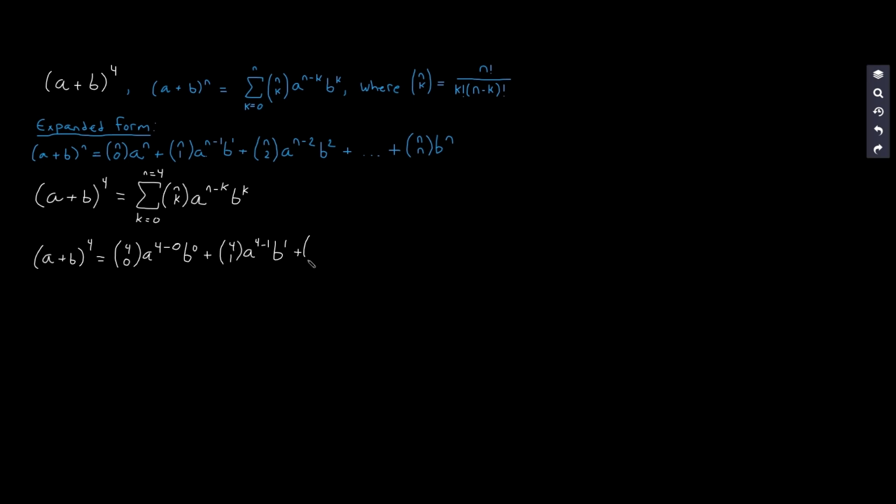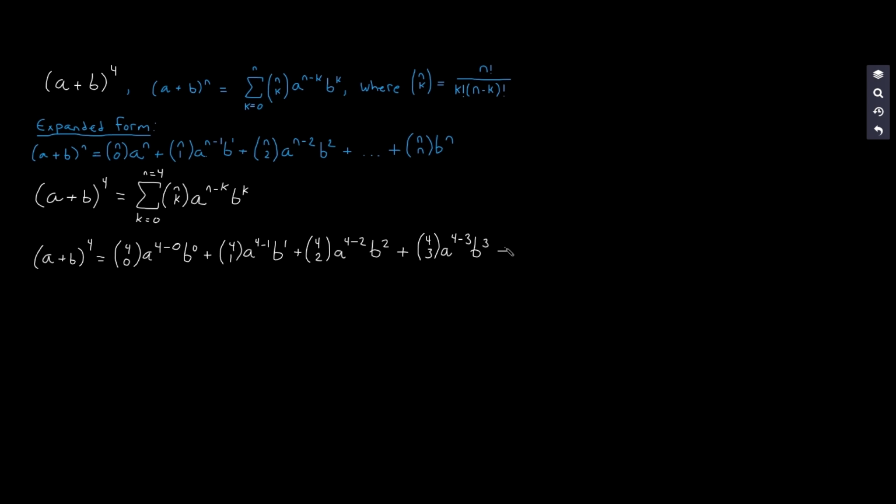For the third partial sum, that's going to be 4 choose 2 times a raised to the power of 4 minus 2 times b raised to the power of 2. And that's going to do it for the third partial sum. For the fourth partial sum, it's going to be 4 choose 3 times a raised to the power of 4 minus 3 times b raised to the power of 3.